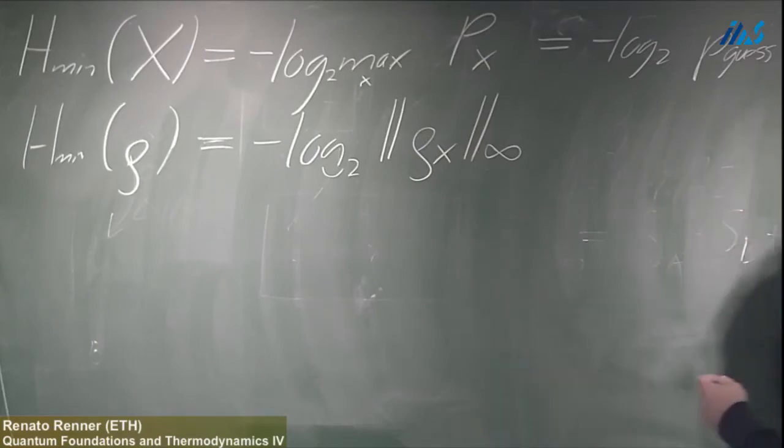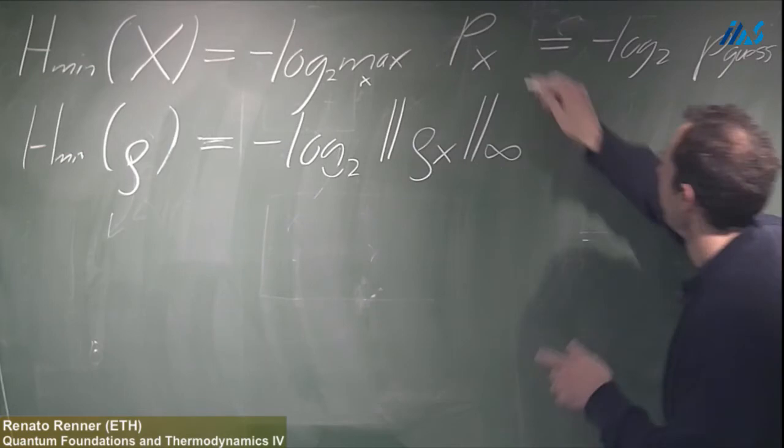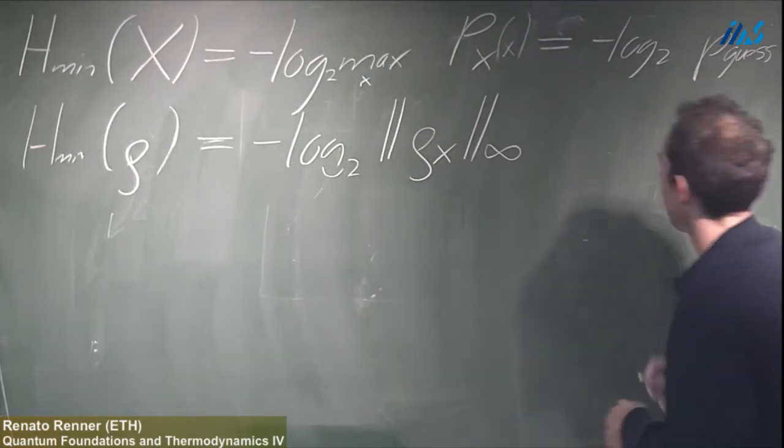For example, if I have a probability distribution with two values, 0 and 1, where one value has probability 2/3 and the other has probability 1/3, then if I ask you to guess what outcome I will obtain from an experiment that gives an x distributed according to that, you will guess the outcome 0, and you will be right with probability 2/3. And that's exactly this quantity here.